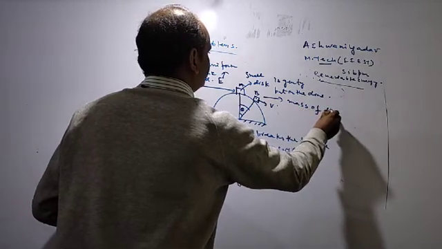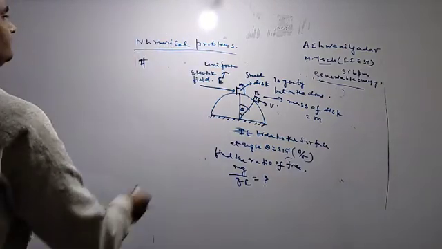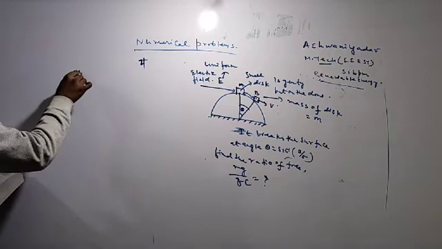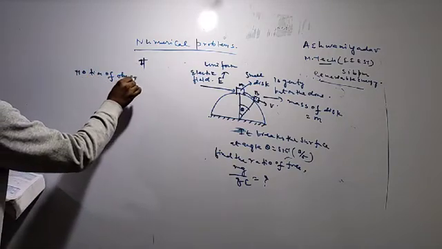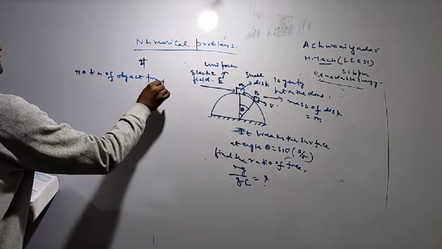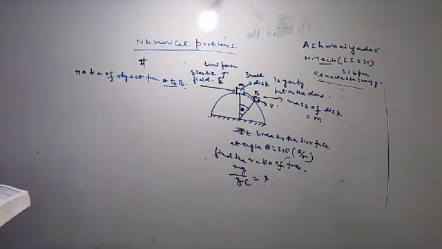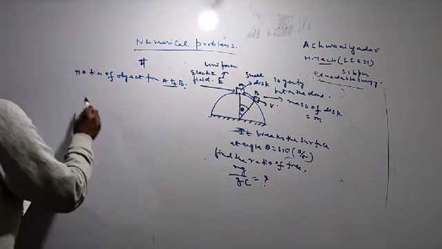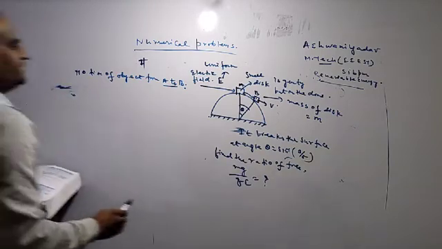Mass of disk is equal to m. Well, this is A and B. So from motion of object from A to B, we can write what is happening here.